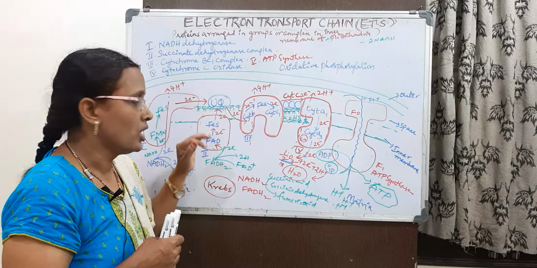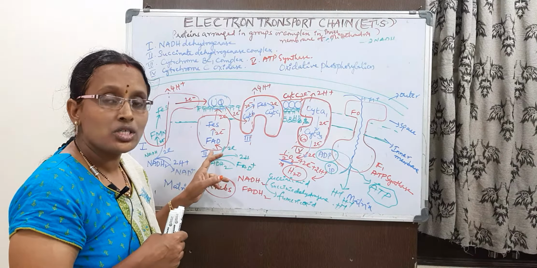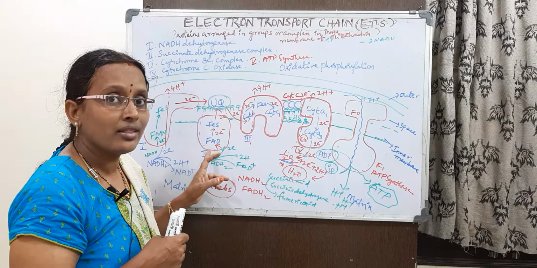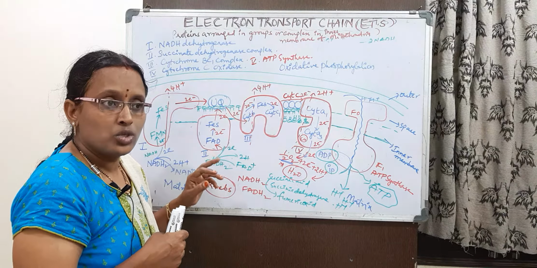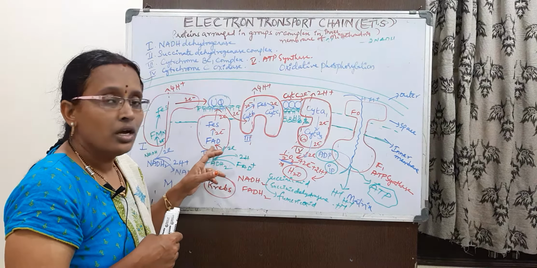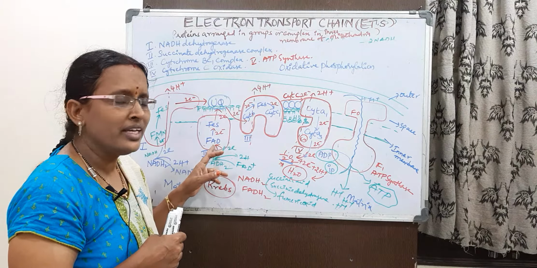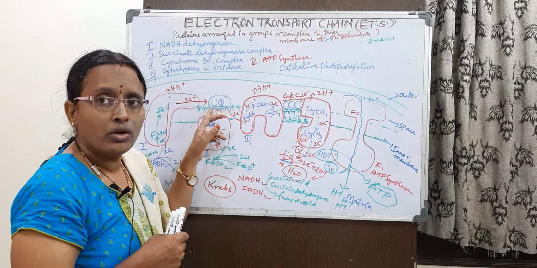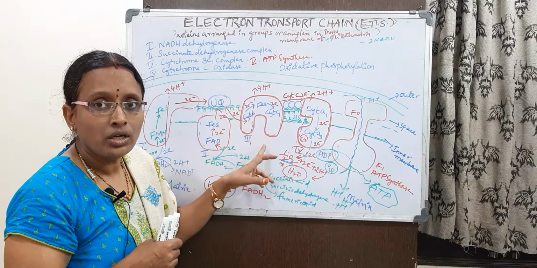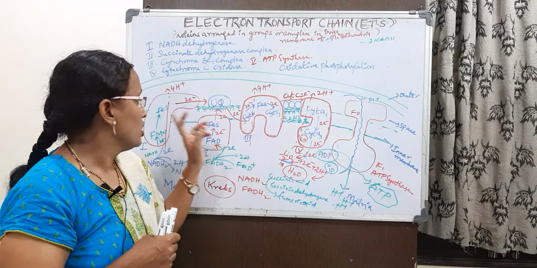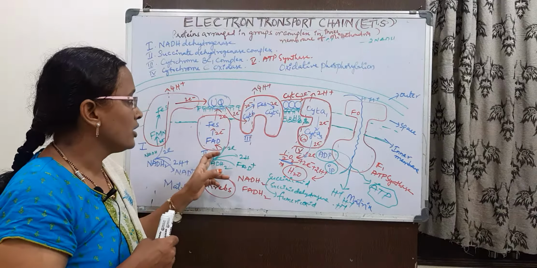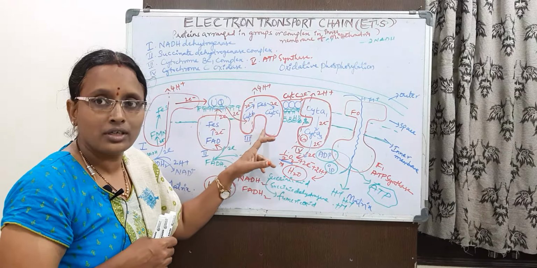At the same time, the second complex is the succinic dehydrogenase complex, where FAD is oxidized and gives electrons to ubiquinone only. Ubiquinone carries the electrons to the third complex.